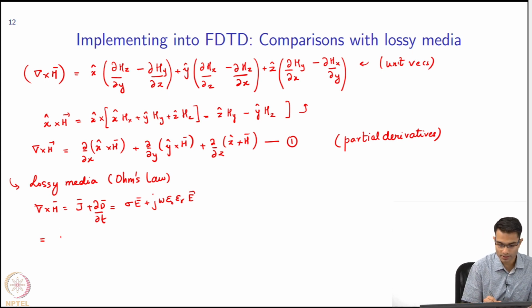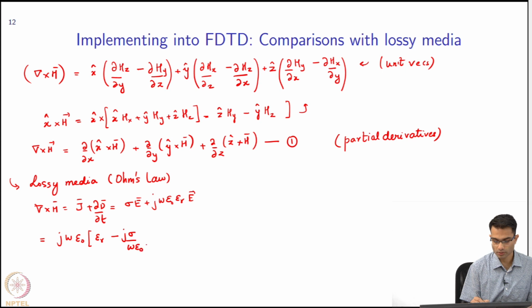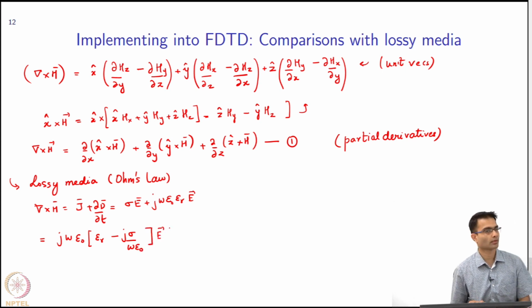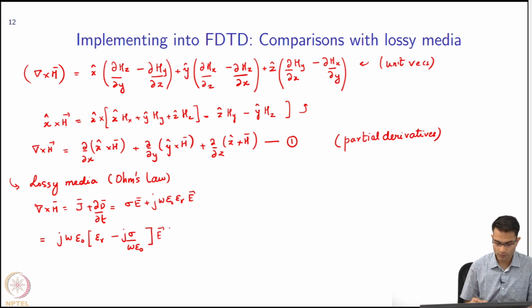So I can write this as j omega epsilon naught, epsilon r minus j sigma by omega epsilon naught, E. So this we have already seen, you can call this epsilon prime.